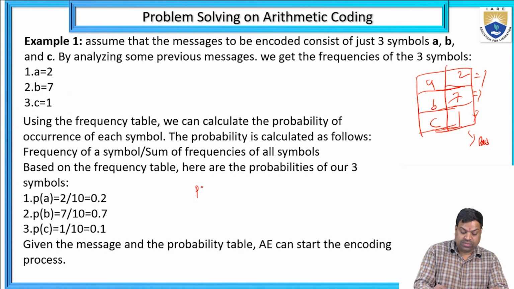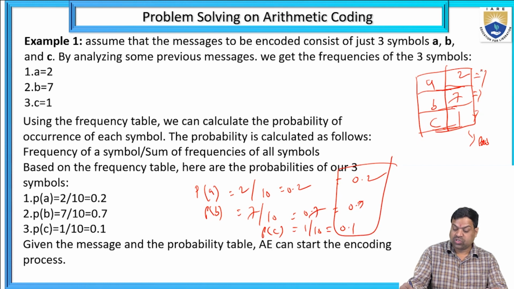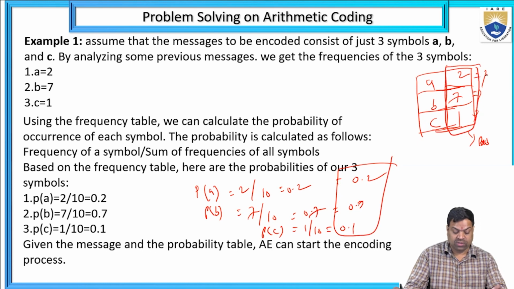P of A equal to 2 by 10 equal to 0.2, P of B equal to 7 by 10, 0.7, P of C equal to 1 by 10 equal to 0.1. So 0.2, 0.7 and 0.1.